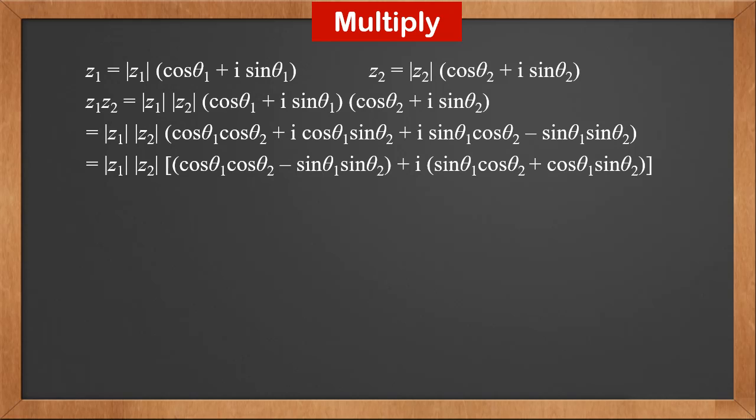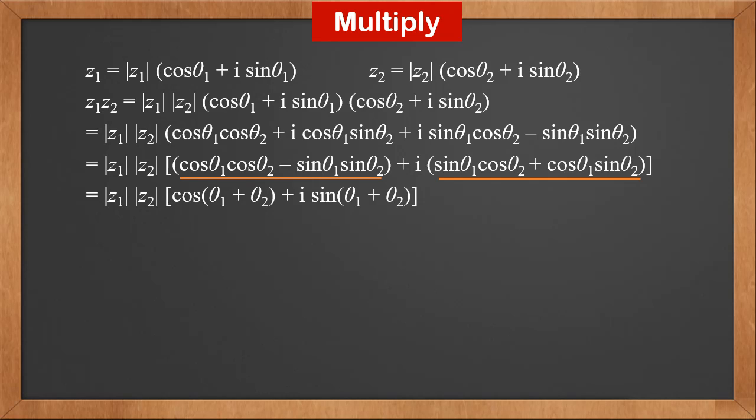From compound angle formula, we know cosine theta 1 cosine theta 2 minus sine theta 1 sine theta 2 is cosine theta 1 plus theta 2. Sine theta 1 cosine theta 2 plus cosine theta 1 sine theta 2 is sine theta 1 plus theta 2.